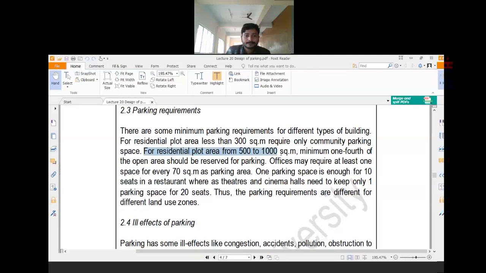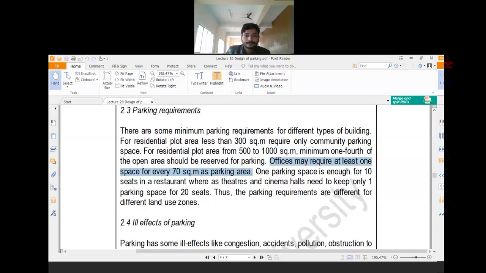For example, for a residential plot area from 500 to 1000 square meter, minimum 1/4 of the open area should be reserved for parking. So if your residential area is 1000 square meter, then you have to provide 250 square meter of the area reserved for parking.